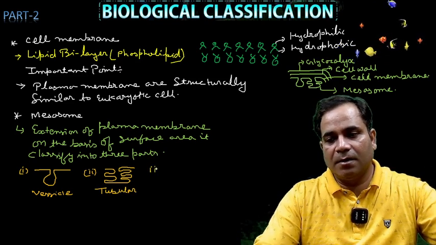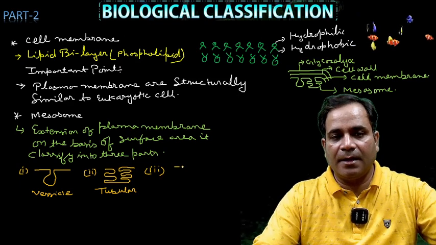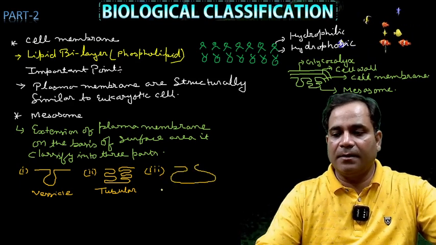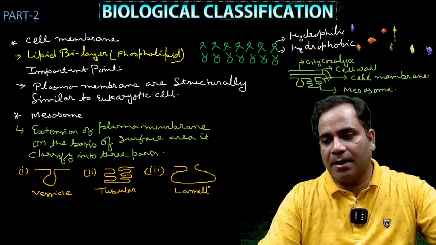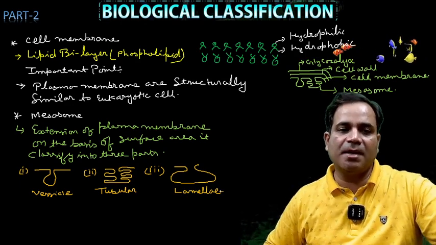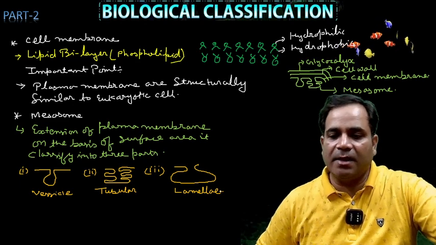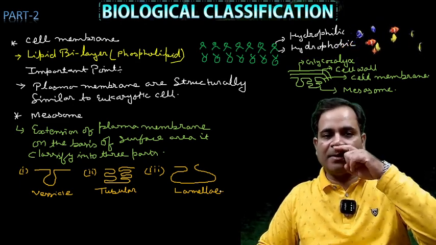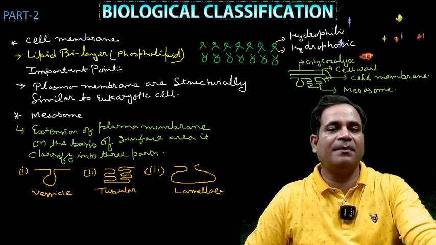Now third one is like this, then it is called lamella, or lamellae. So there are three types of mesosome: vesicles, tubular, and lamellae. These are the different types of mesosomes, which is the inner extension of the plasma membrane.